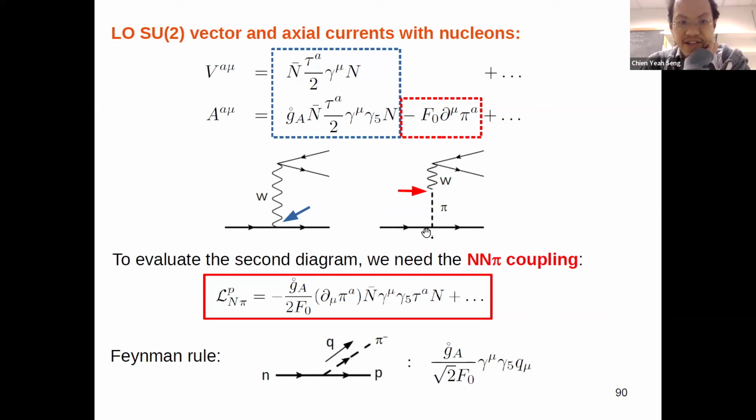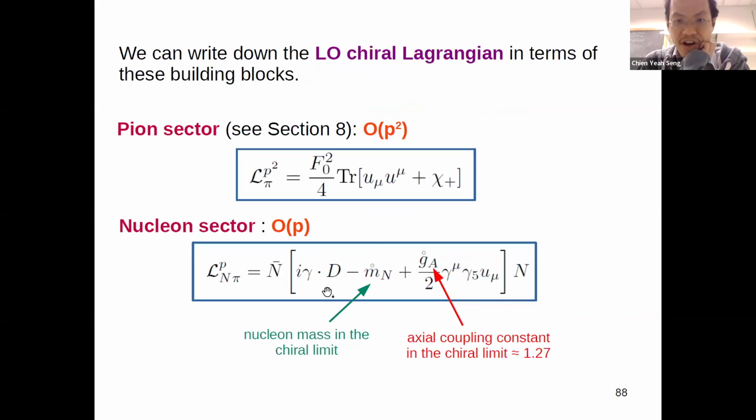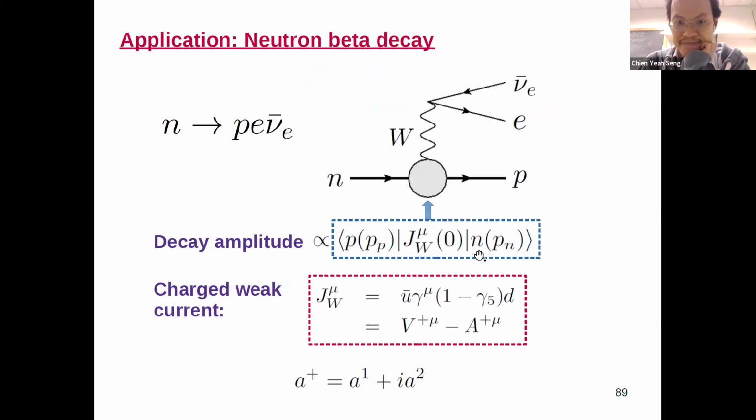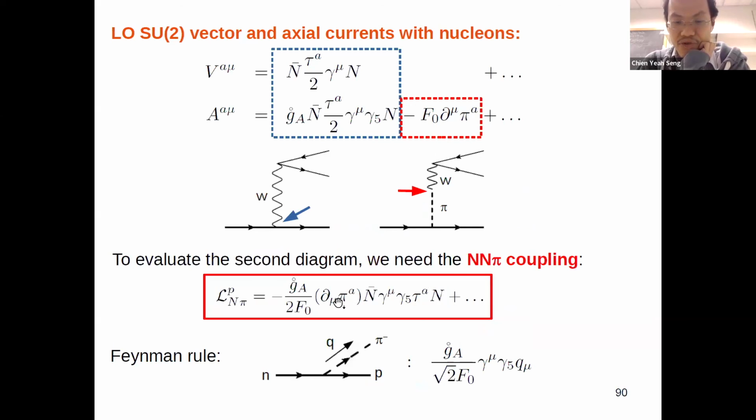In order to evaluate the second diagram, we need the NN pi coupling, which can be obtained from this term by expanding the field to first order in the pion. So you can write down this particular Feynman rule.